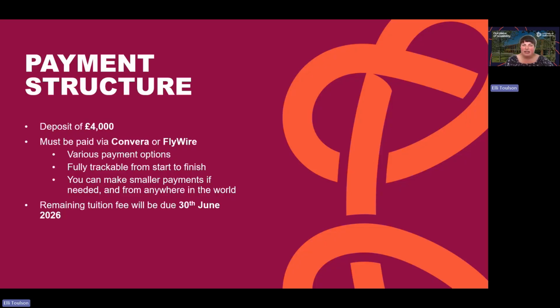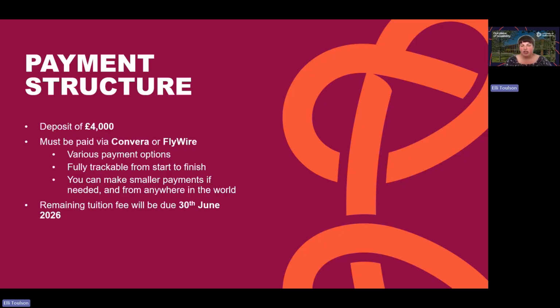Now, the links to these again are provided in your unconditional offer letter, and your unconditional offer letter will also detail the next steps that you have to follow. So you are welcome to pay your deposit in smaller chunks if you wish. However, you will not move on to the next step until we have that full £4,000.